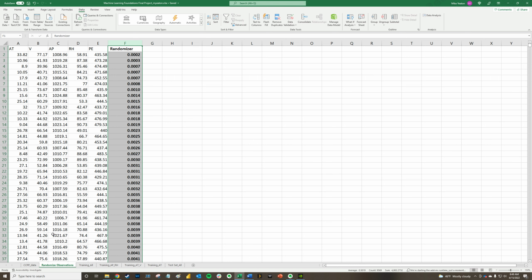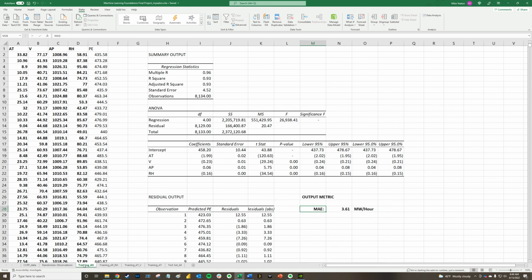Step 4, use your validation approach to compare at least 2 different models. I compared 4 different sets of features using multiple linear regression, which produced the following output. First, I started with all 4 of the features as my input feature set. This produced a mean absolute error of 3.61 megawatts per hour.